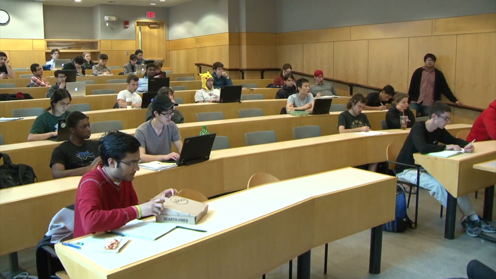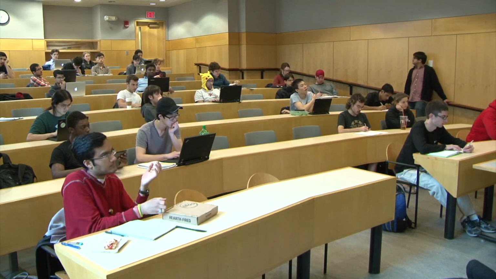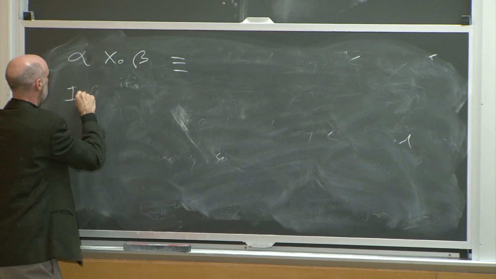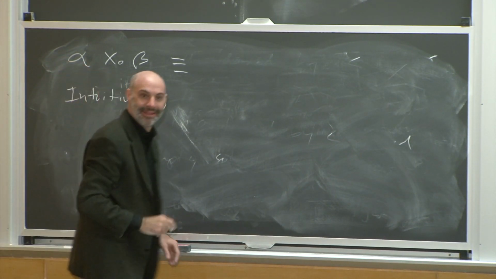Does anyone have a suggestion about what a good definition for multiplication would be? Yes? It'd basically be taking a sequence of type alpha and then appending sequences of type alpha, one for every element in a sequence of type beta.